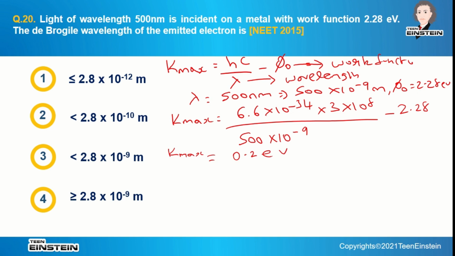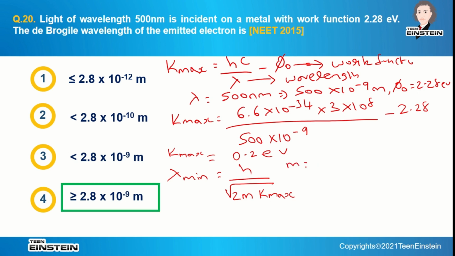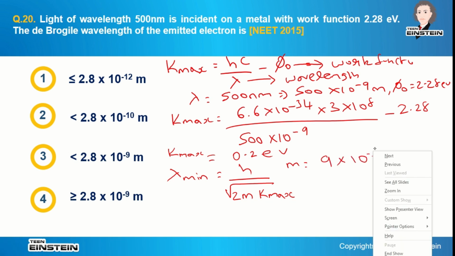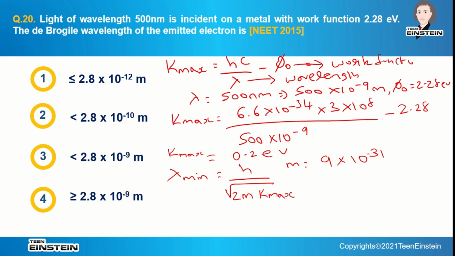Now we have to find out the de Broglie wavelength of the emitted electron. The de Broglie wavelength is given by the formula lambda is equal to h by root of 2m K max. Here m is the mass of the electron, which is 9 into 10 power minus 31 kg, and you know the K max value is 0.2.